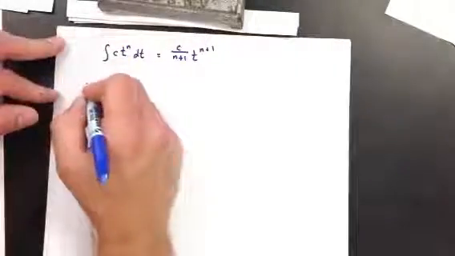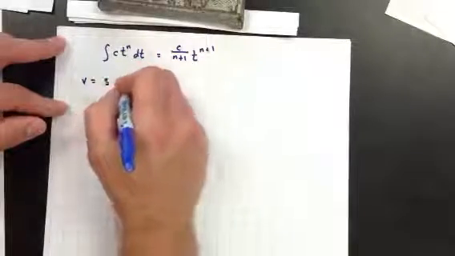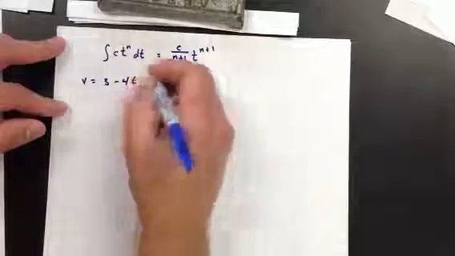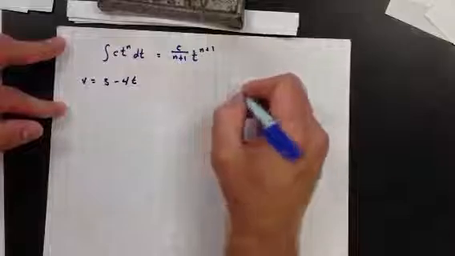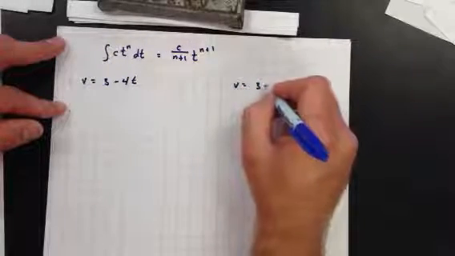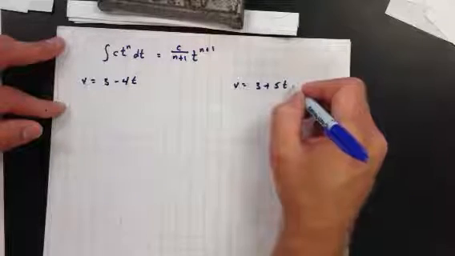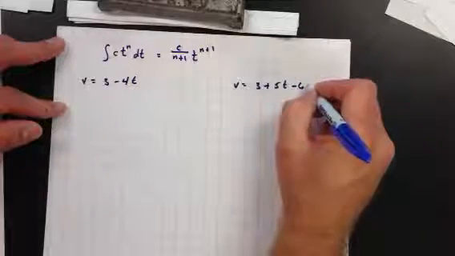Okay, so if we have v equal to 3 minus 4t, and let's write another one out over here. V is equal to 3 plus 5t minus 6t squared. Okay.